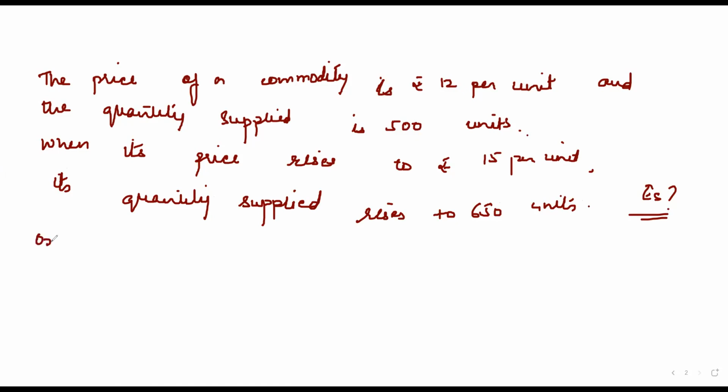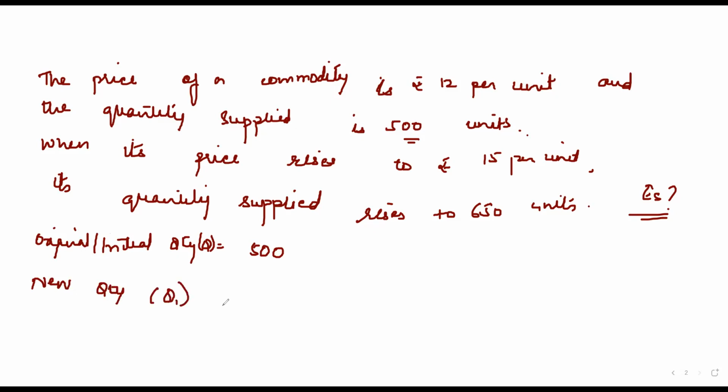See, your original quantity or your initial quantity, that is your Q. How much was it? Q is 500 units. This is the initial quantity. What is the new quantity? We can refer to it as Q1.